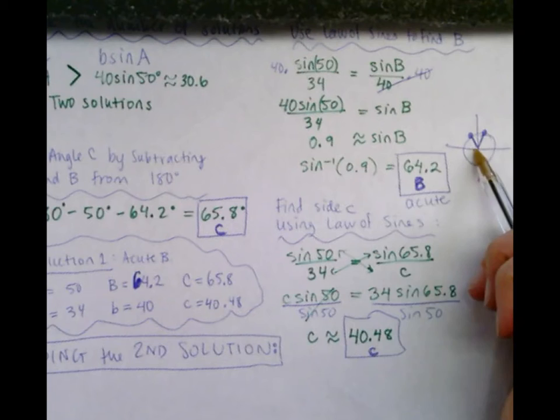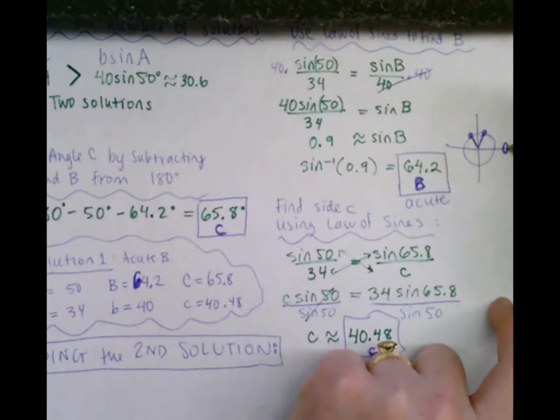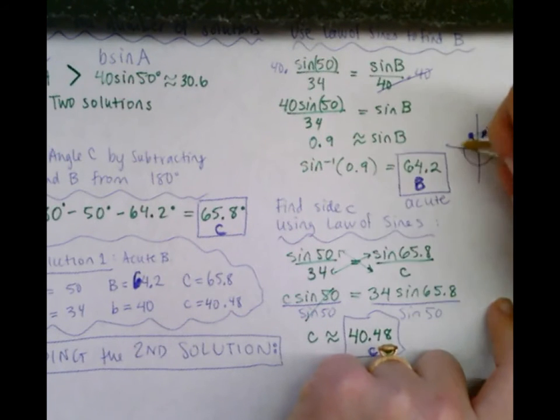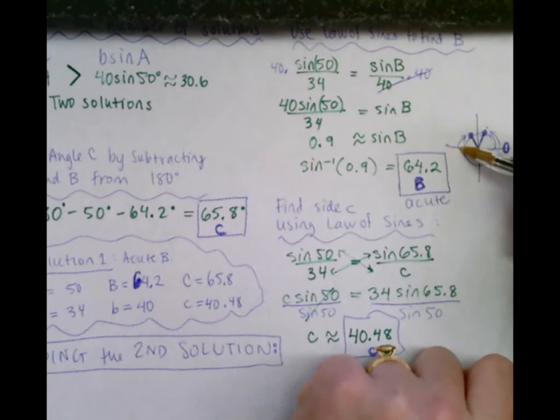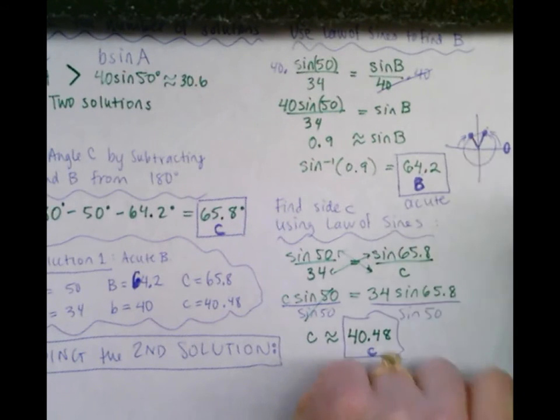Because if you think visually, 64.2 is the distance from, say, 0 up, right, to this point right here on the unit circle. Well, if I want to know the point over here that's the reflection of this point, it's that same number of degrees up from 180. So we'd want to know 180 minus 64.2 in order to figure out what the angle is right here, okay?